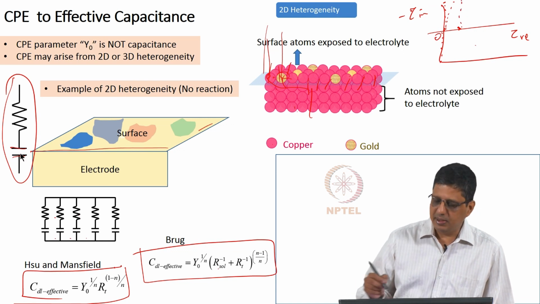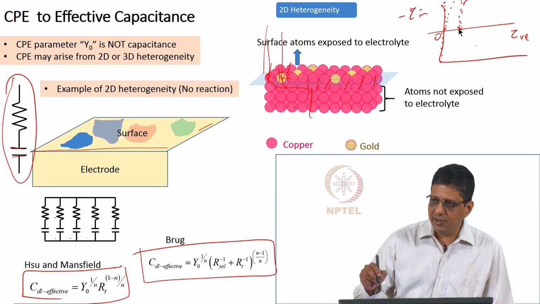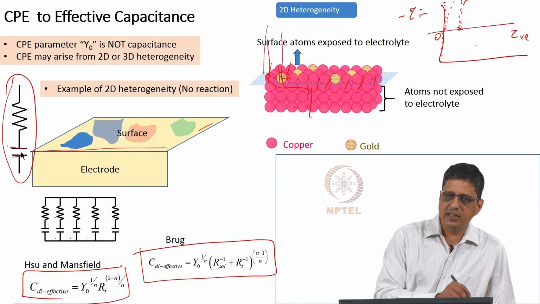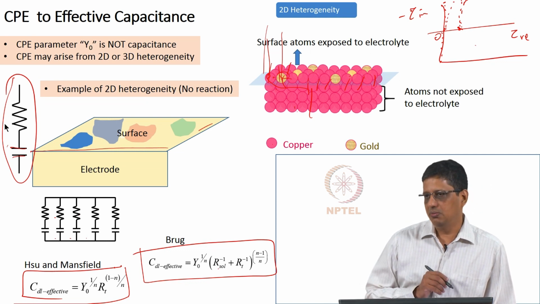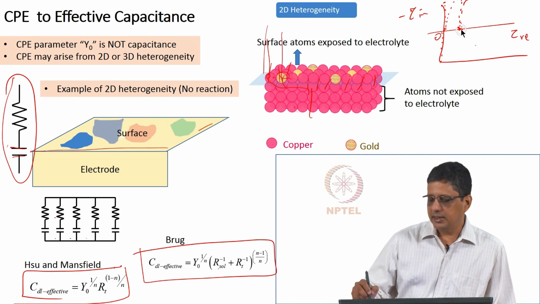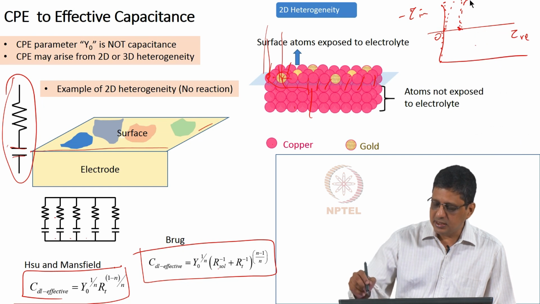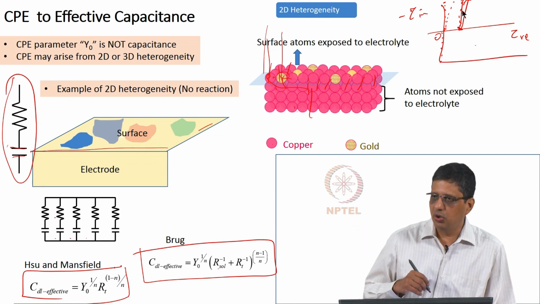A constant phase element and a resistance will have a starting point here, because even if I go to infinite frequency, I will get 0 impedance from the capacitance or the constant phase element, but the resistance will be there, it is not going to be 0. So resistance plus a constant phase element, or resistance plus a capacitance, will have lines here. It is still going towards infinity when I go to low frequency.